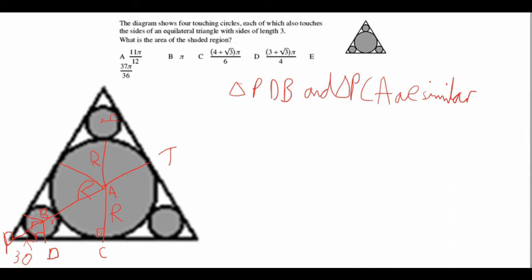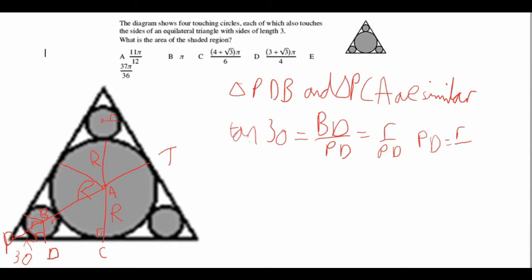And so because we have a right angle triangle PDB, we can start using trigonometry, and so we can say that tan 30 is equal to BD over PD, which is equal to R over PD, and so PD is equal to R divided by tan 30, and so the side PD will come out as R root 3.